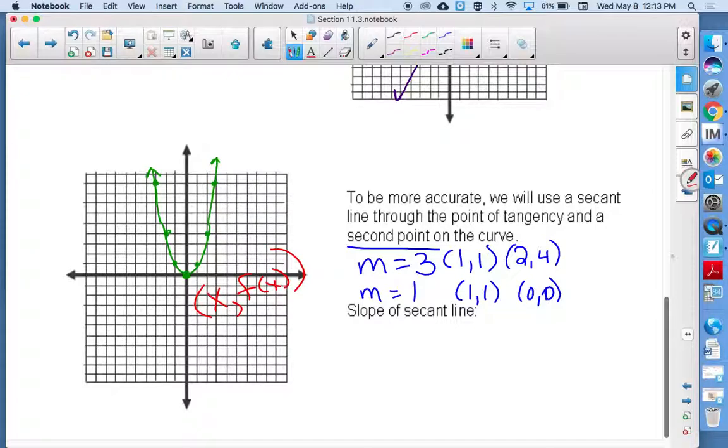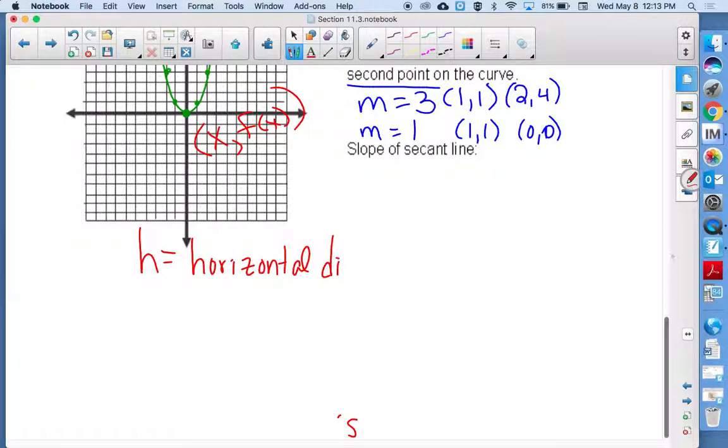The horizontal distance between 2 x values is h.